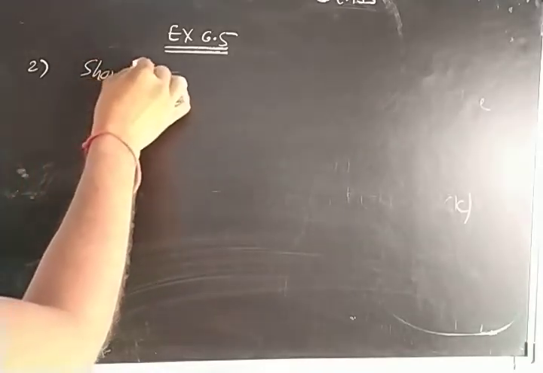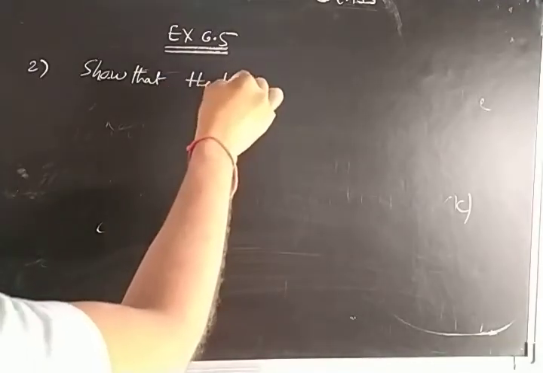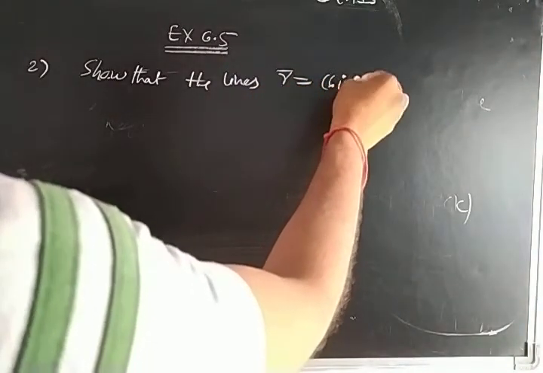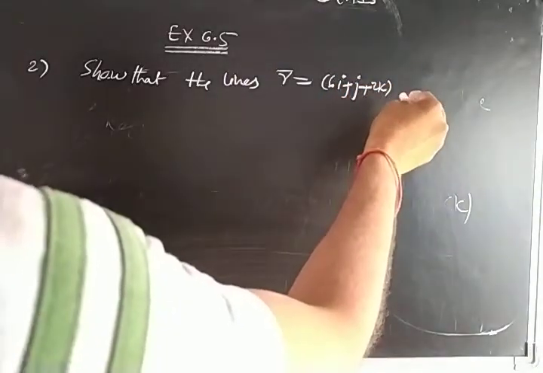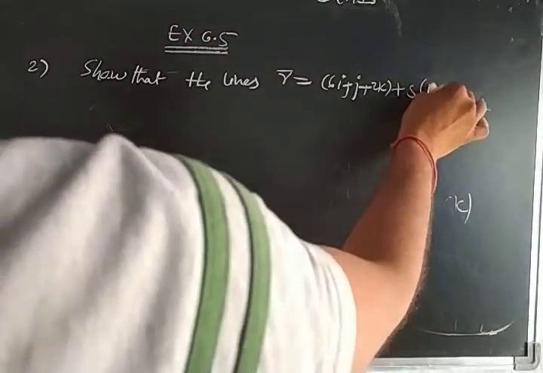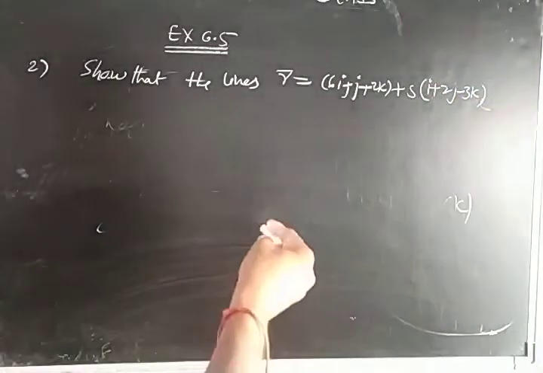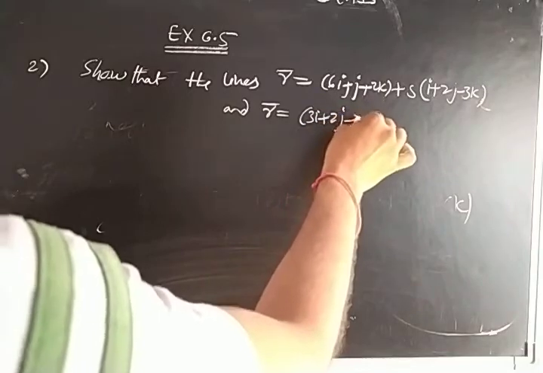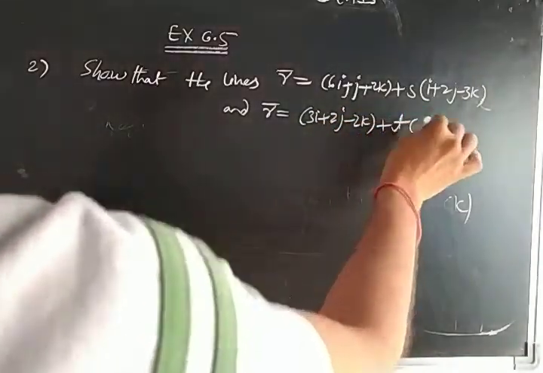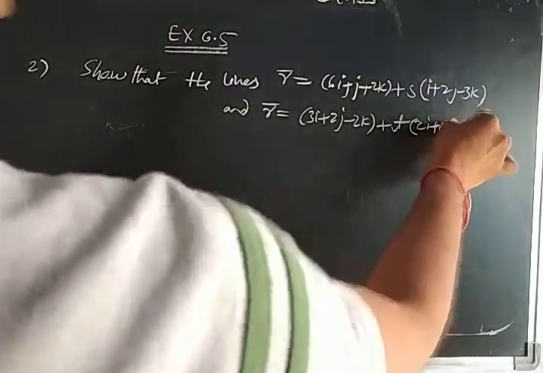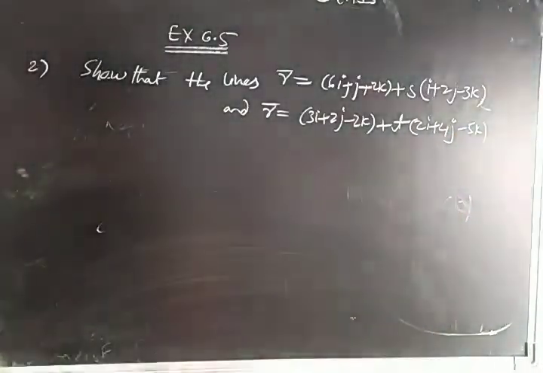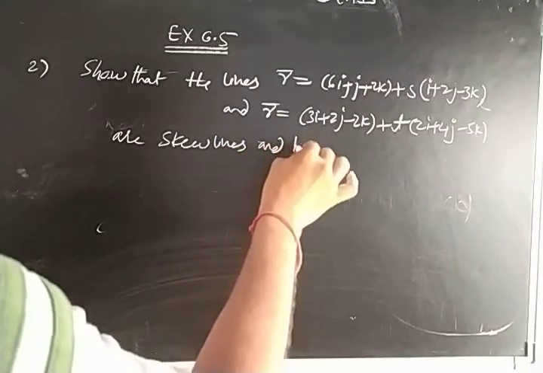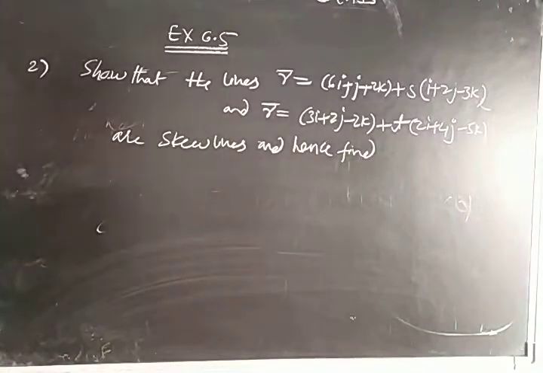Show that the lines r bar is 6i plus j plus 2k plus s into i plus 2j minus 3k, and r bar is equal to 3i plus 2j minus 2k plus t into 2i plus 4j minus 5k are skew lines, and hence find the shortest distance between them.